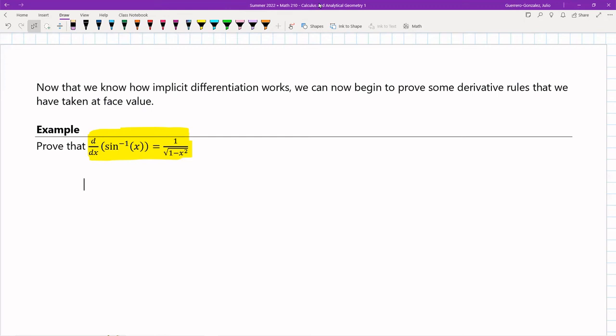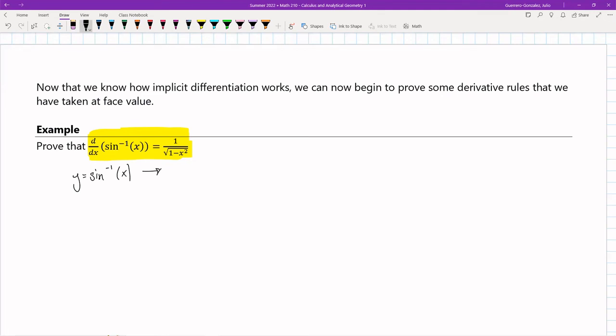Okay, so let me get my notes ready. What I'm going to do first is say y is equal to sine inverse x. If you recall from pre-calc, I can invert this.